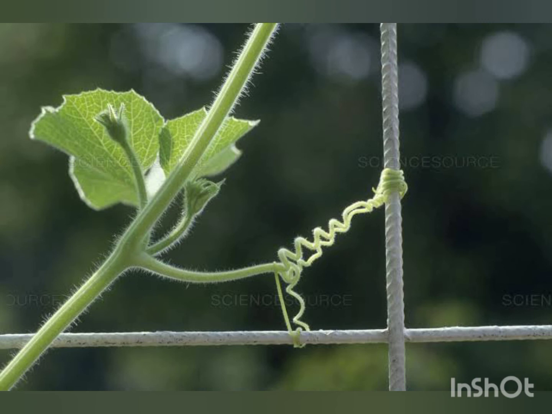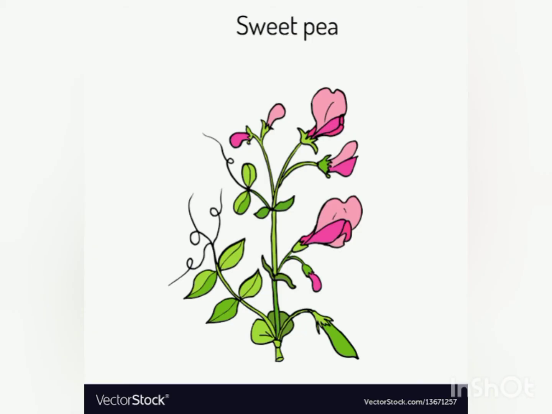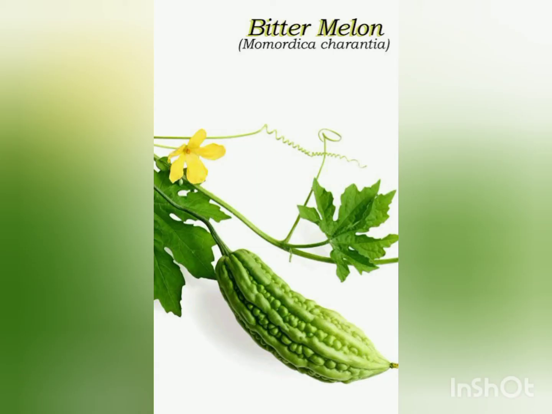First, we will see about the tendril climbers. Tendril is a twining climbing organ of some weak-stemmed plants. Tendrils coil around the support and help the plant to climb. Example, sweet peas. Here, leaflets are modified into tendrils. Bitter gourd: axillary buds are modified into tendrils which help the plant to climb.